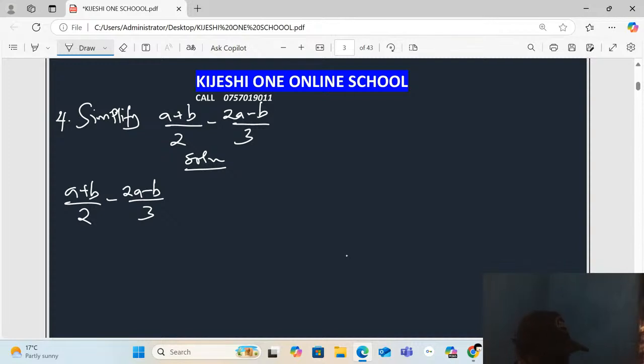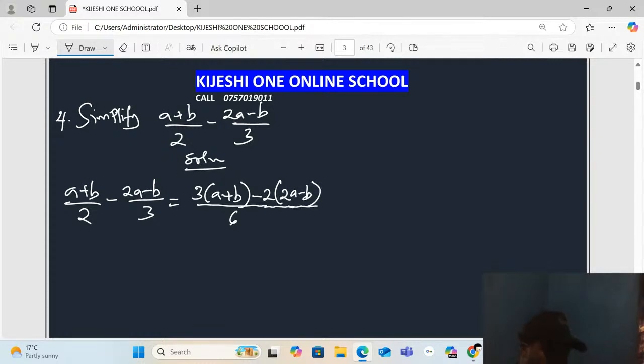So what we do, we look at the LCM for the 2 and 3. The LCM is 6. Now 2 into 6, that is 3 times. So multiply 3 times a plus b. So we shall have 3 into a plus b. Then it is a minus. Now 3 into 6, 2. 2 times 2a minus b.